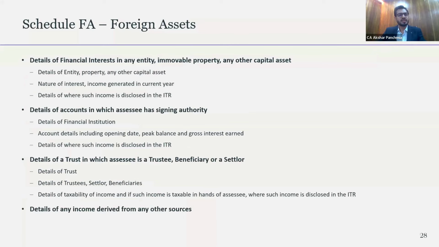Details of financial interests in any entity, any immovable property, or any other capital asset held outside India need to be mentioned.